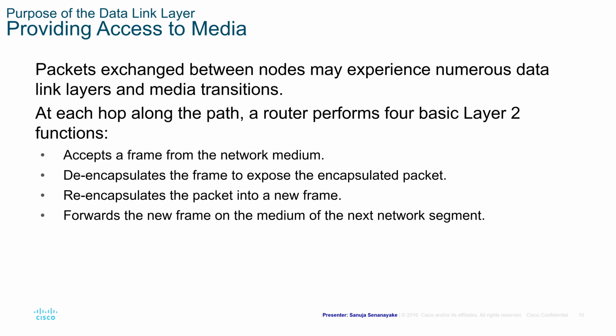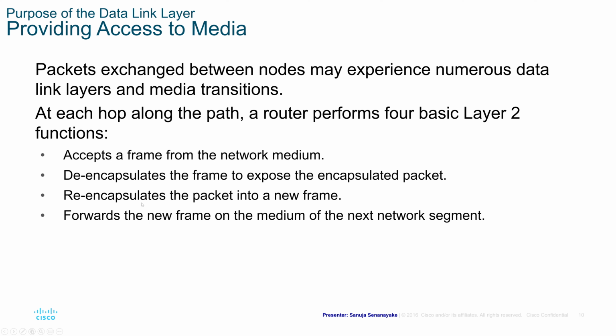Packets exchanged between nodes may experience numerous data link layers and media transitions. At each hop along the path, a router performs 4 basic layer 2 functions. So each time your packet goes through a router, whether it's your home router, your ISP router, or multiple routers within a building such as at your work, it accepts a frame from the network medium and de-encapsulates the frame to expose the encapsulated packet.